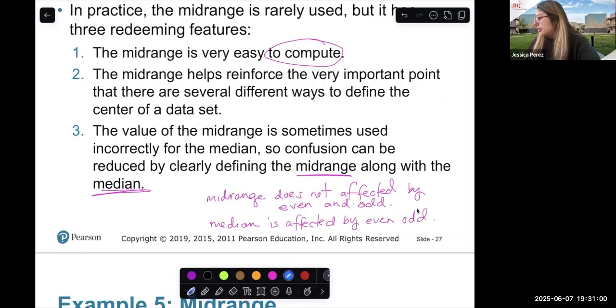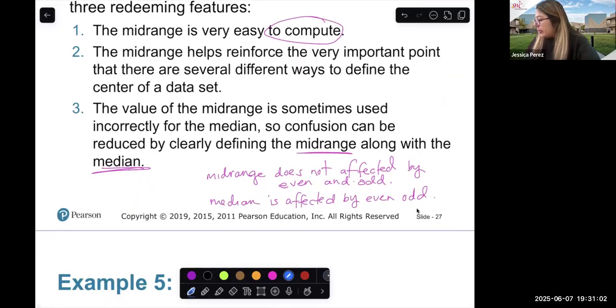Another thing is that the mid-range is not resistant, versus the median, which is resistant.